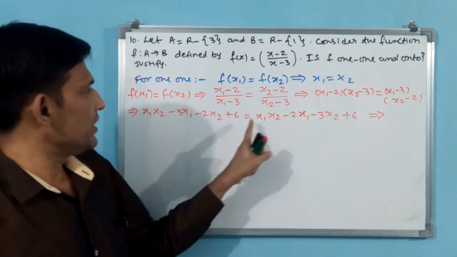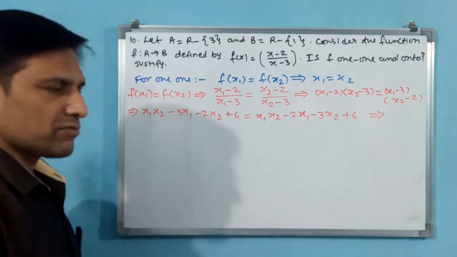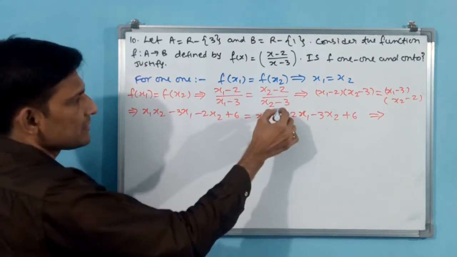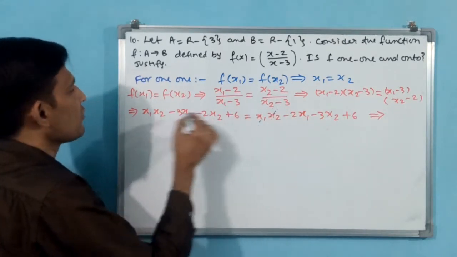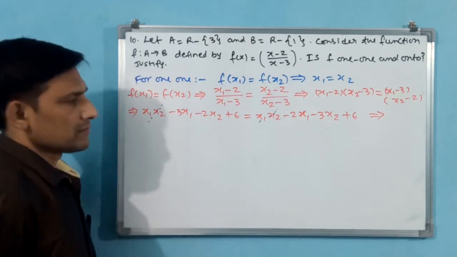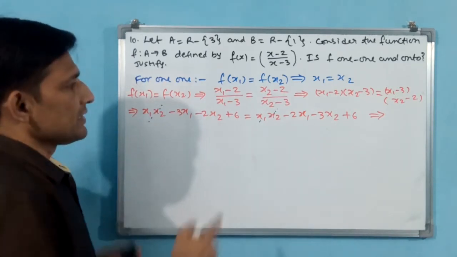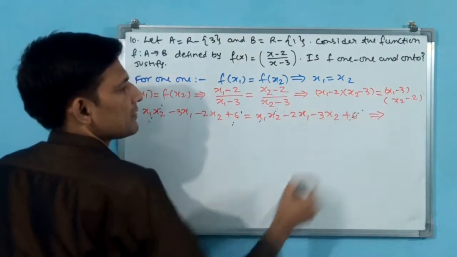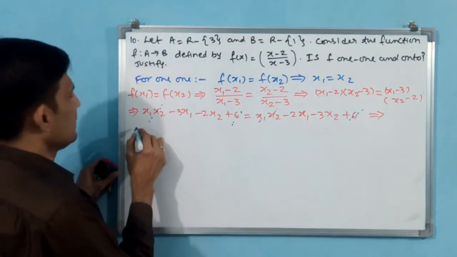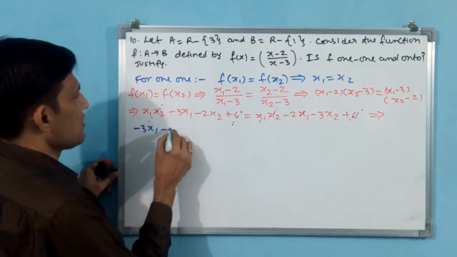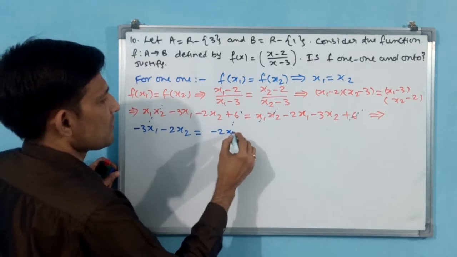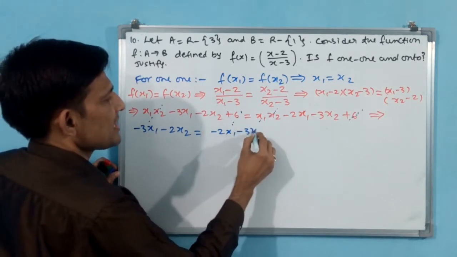Okay, now you wait and see. x1 x2 is equal to x1 x2. Both sides x1 x2 we can cancel. Plus 6 this also you cancel. Then you write this one: minus 3x1 minus 2x2 is equal to minus 2x1 minus 3x2.